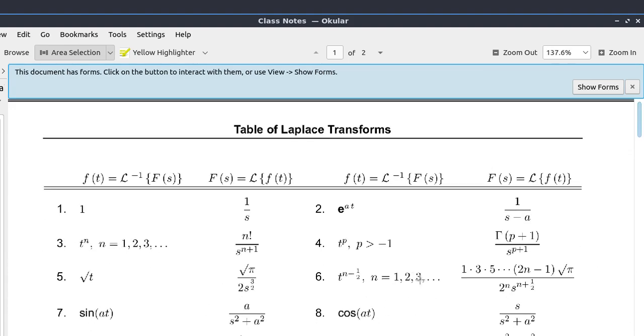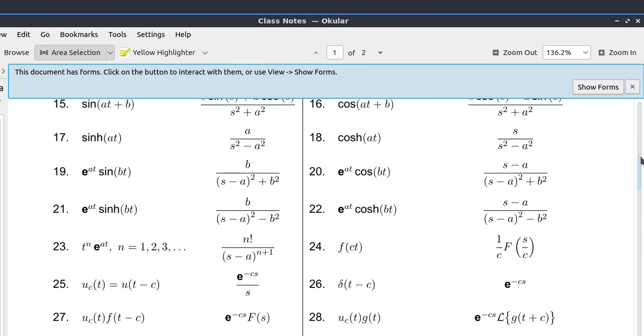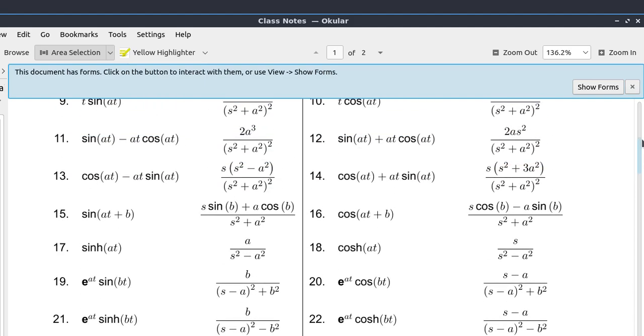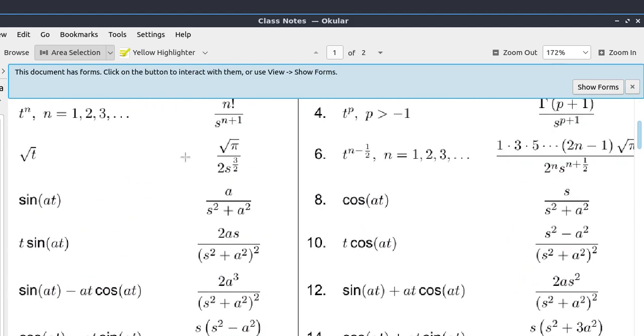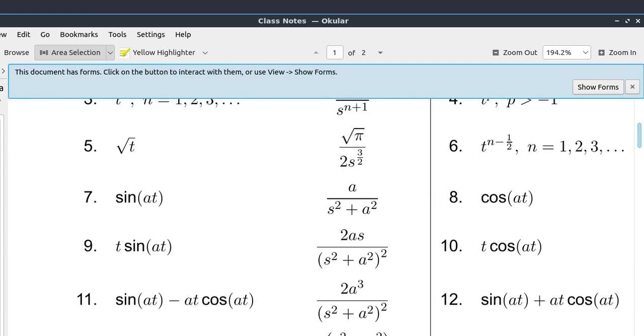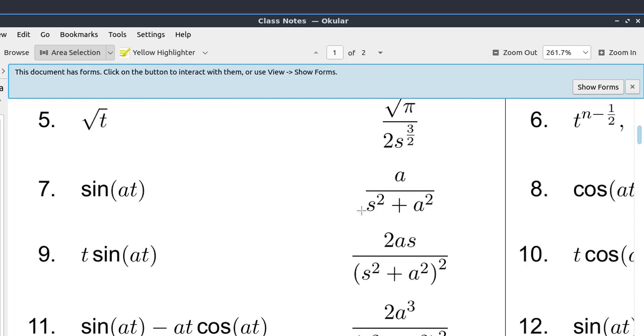I have a table of Laplace transforms here. We see, what do they say it is here? Sine at. This is what we're working towards: a over s squared plus a squared. You will have a table of Laplace transforms in the exams and so on. Tables of Laplace transforms are all around the internet.